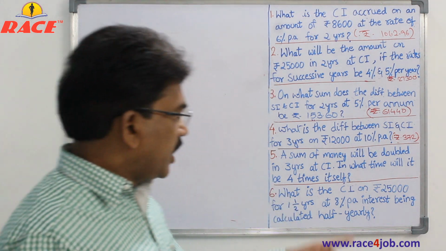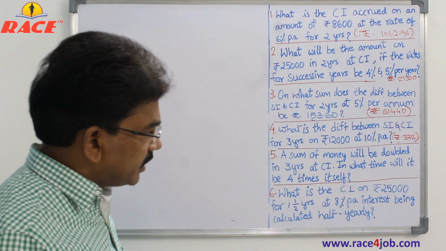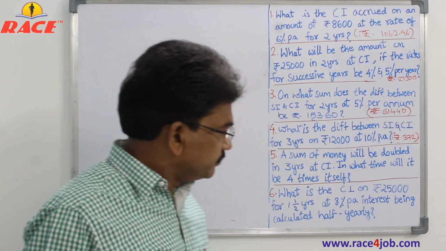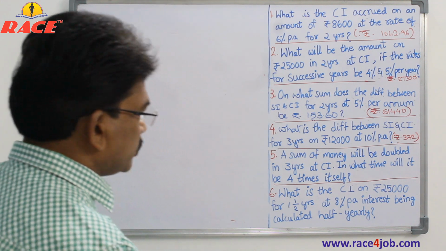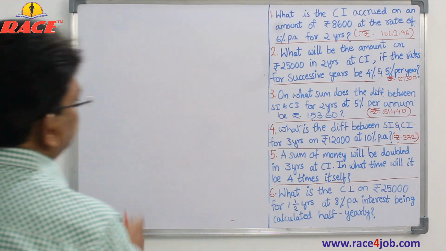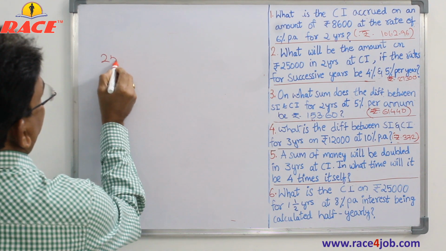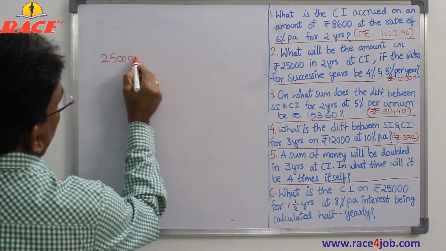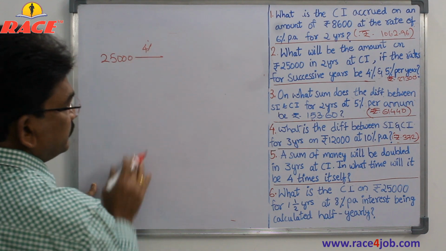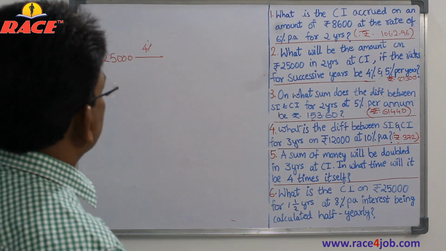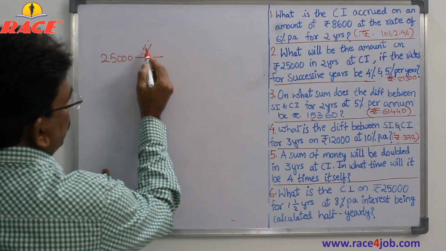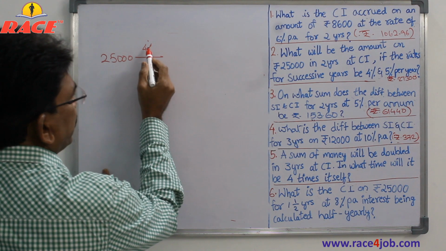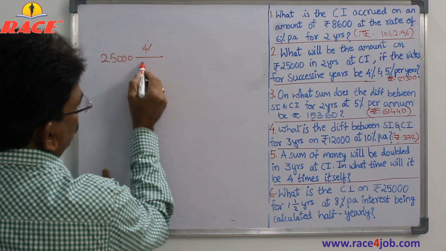We calculate interest for 3 years at 4% rate, and 25,000 is the principal. So we calculate for 3 years how much it becomes. Let us see. 25,000, now 4%. It is asking what is the compound interest. First year it will be 4% of 25,000, or 25 times 4, which is 1,000.